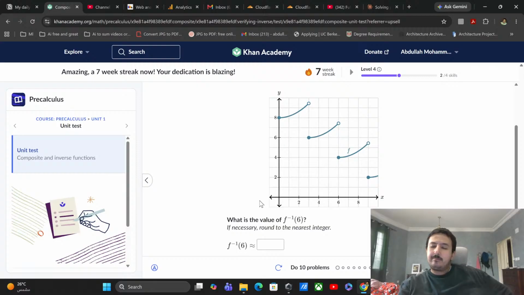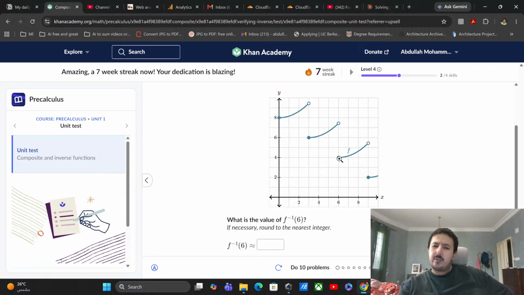So what's gonna be? Over the y-axis. If we take it over the y-axis, I take it here. So 6 to 4.